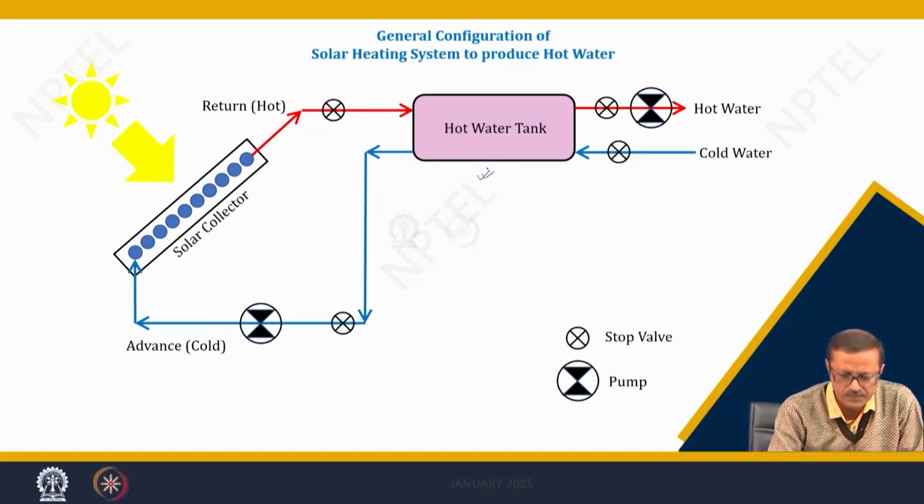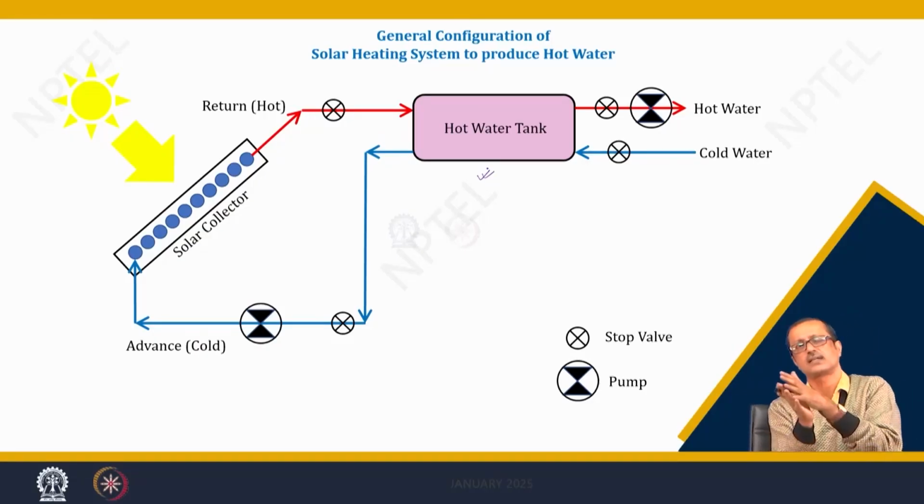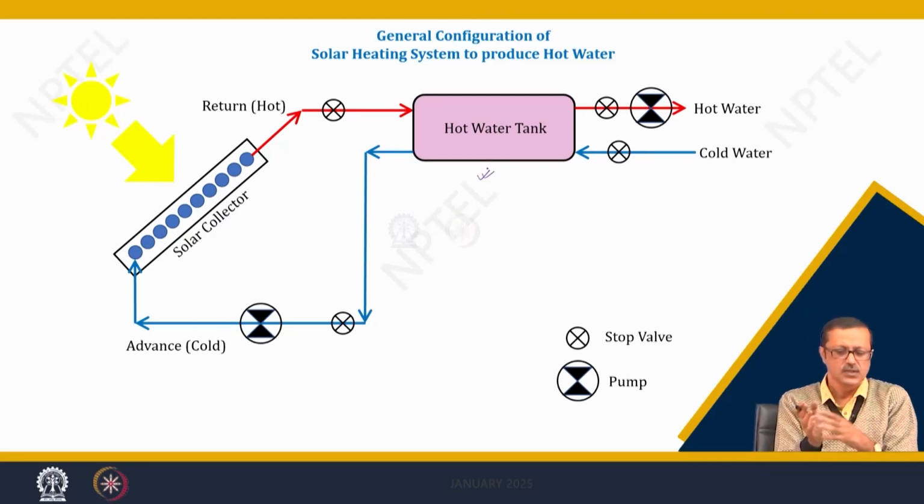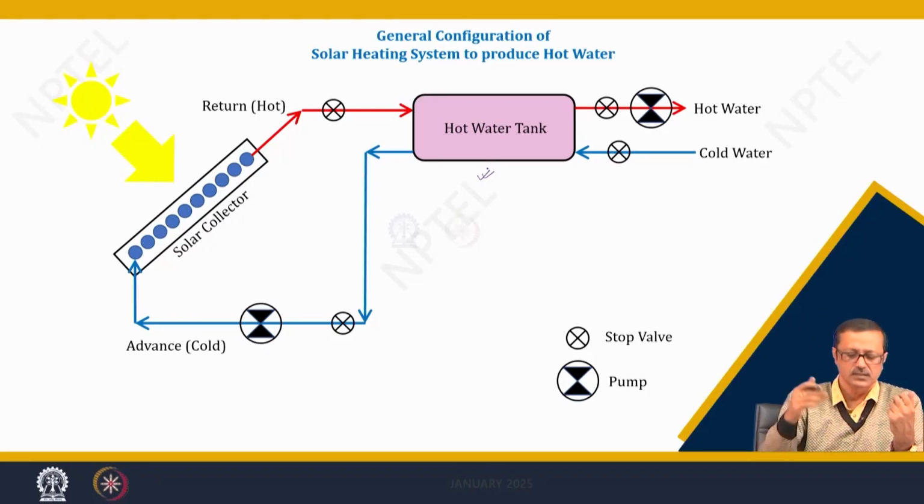So, it admits some cold water to advance to the solar collector. Solar collectors are some kind of PV panel, though they do not look like a PV panel, but they have two types, which we will discuss later. The solar collector will absorb the solar energy from the solar radiation, and the circulating cold water now gets a little bit higher in temperature and returns to the system.